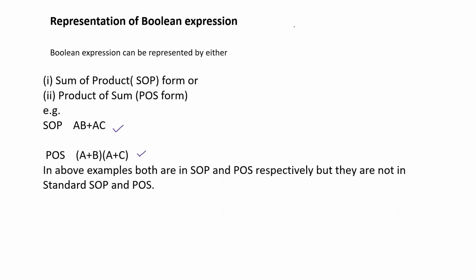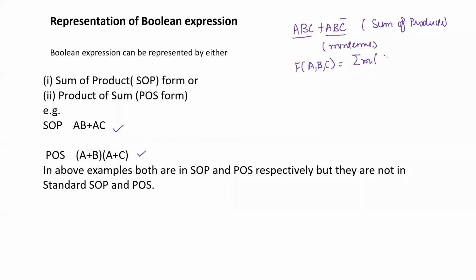So when you are having this sort of thing, they are called sum of products, and these are called minterms. I have also discussed in the previous class that suppose f is the function and it is having three variables, then it can be represented as this.